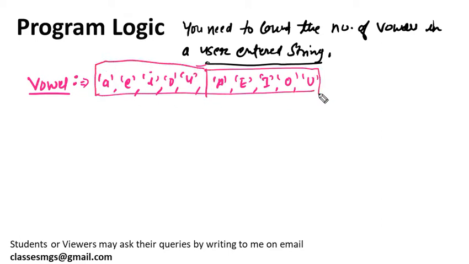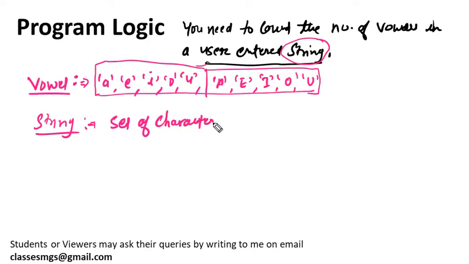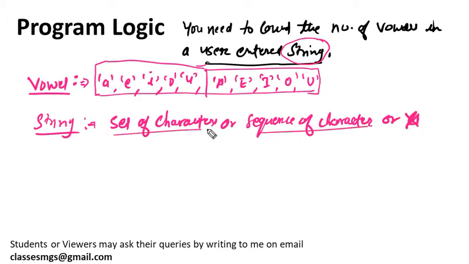So what is our task? You need to count the vowels in the string. For the time being, you should know that a string is a set of characters, or a sequence of characters. Let's suppose a user entered string means this string should be entered by the user.